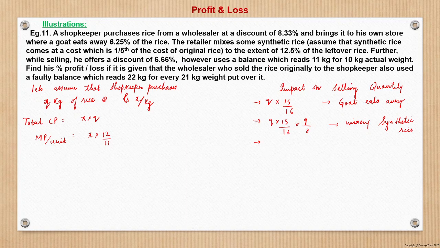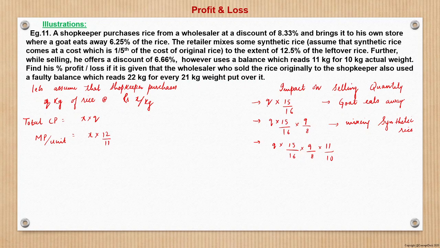Then the next factor is the balance, which reads 11 kg for 10 kg, right? So it becomes Q into 15 by 16 into 9 by 8 into 11 by 10, the quantity perceived to be sold. And the wholesaler also had used a faulty balance and hence cheated the shopkeeper.